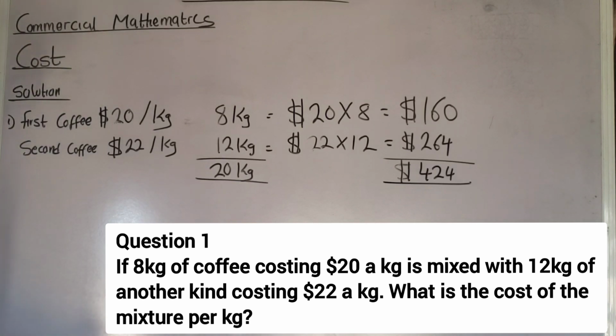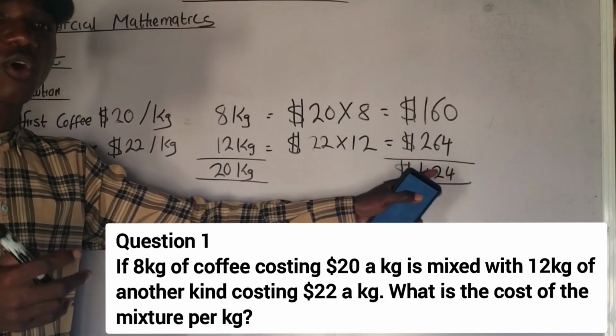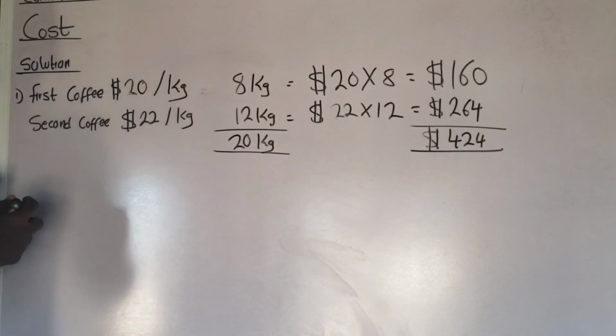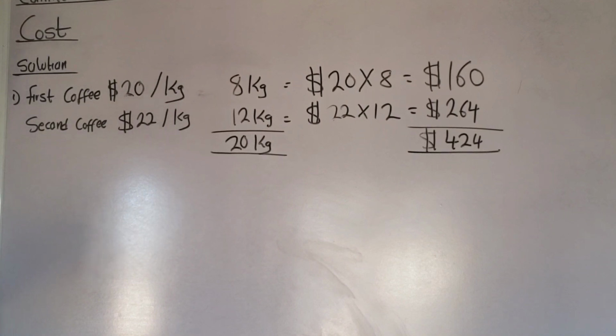That means that when both are mixed together, the weight is 20 kg. And the total cost is $424. Now, we can easily determine the cost of the mixture per kilogram. That is, we can determine the cost of 1 kg of the mixture.